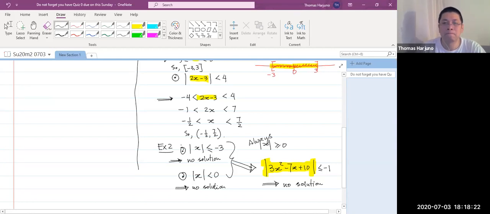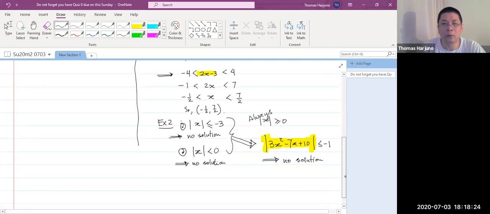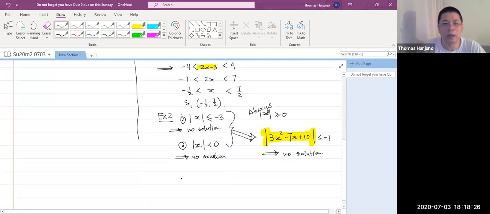The one that you need to be careful about is when we have, let me use that question, absolute value of 3x squared minus 2x minus 1 is less than or equal to 0.